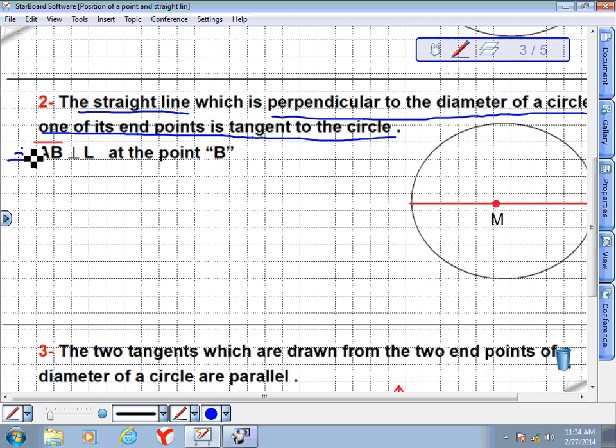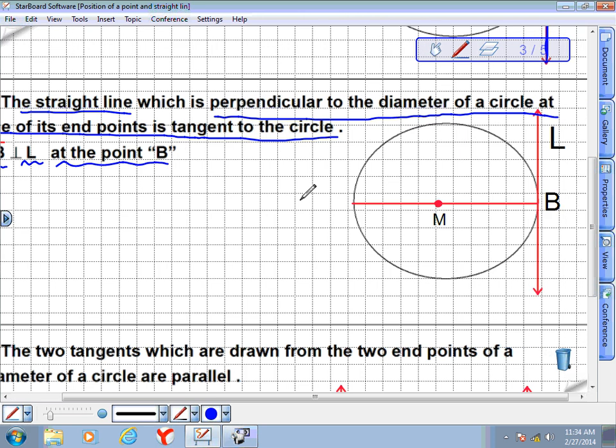We have AB perpendicular to the straight line L at the point B. If we look at the figure here, we will notice that the straight line L is perpendicular to the diameter of the circle M at one of its endpoints, which is the point B, and the point B is the point of tangency.